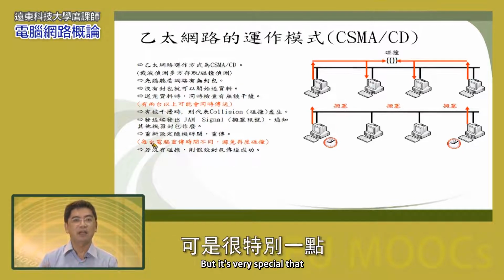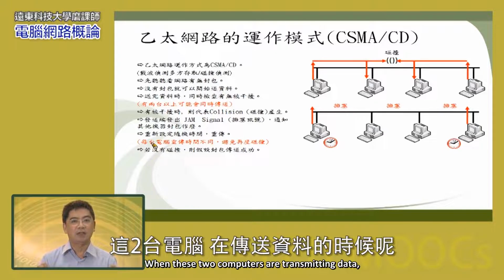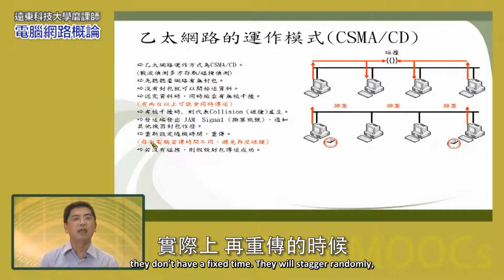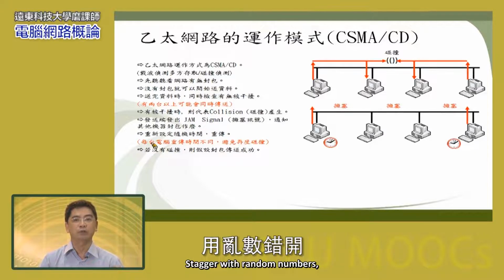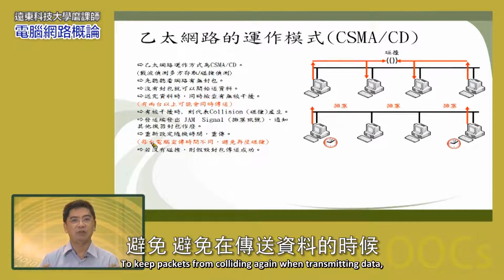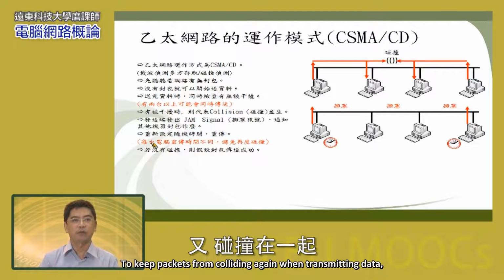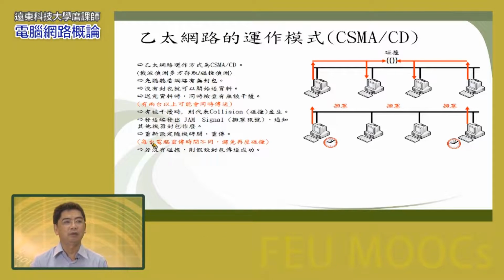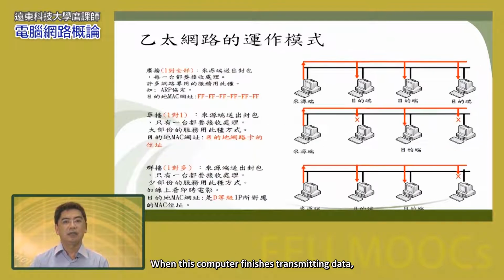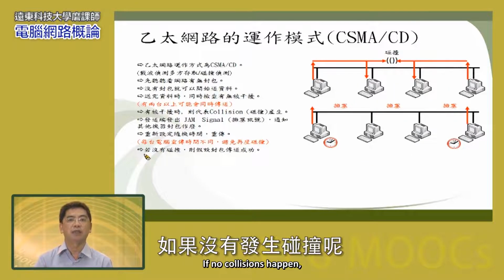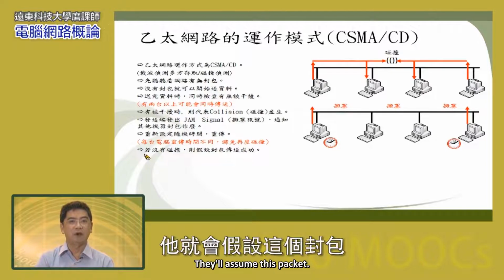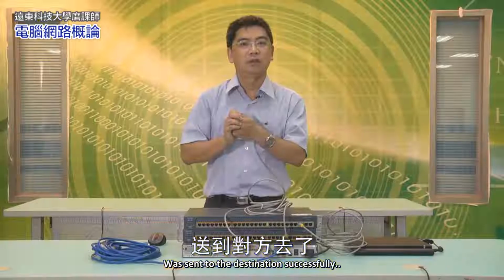But it's very special that when these two computers retransmit, they don't use a fixed time. They stagger randomly, using random numbers to keep packets from colliding again. When a computer finishes transmitting data, if no collisions happen, it will assume this packet was sent to the destination successfully.